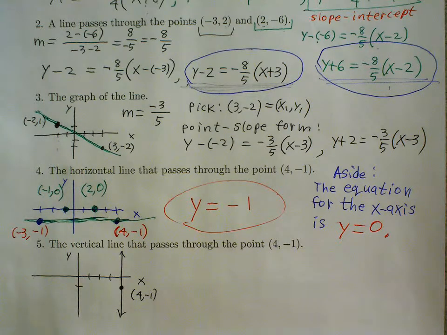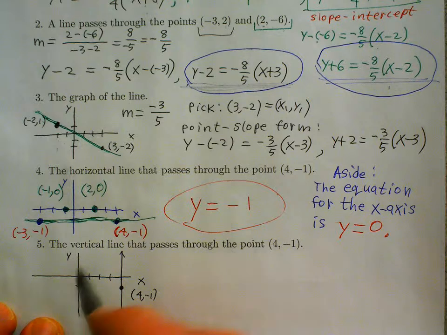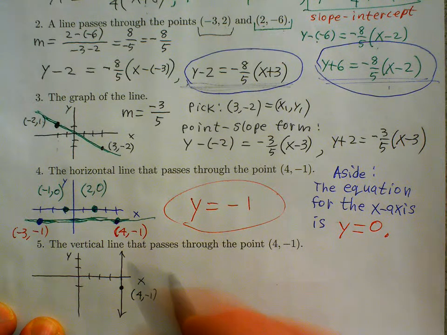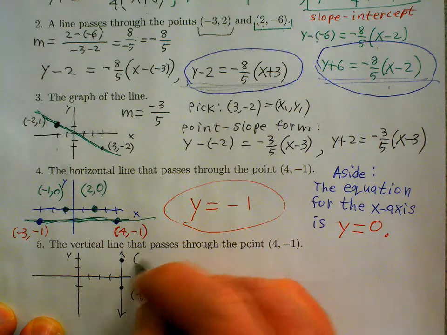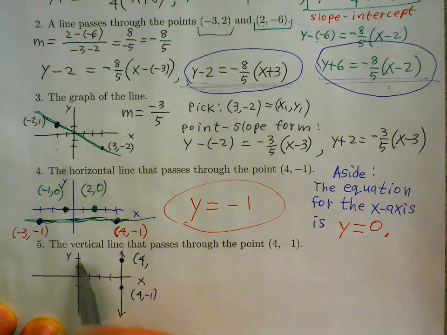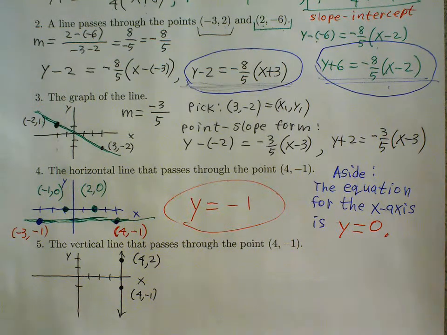Okay, pick another point. Let's pick this point on the vertical line. The x-coordinate is 4, and the y-coordinate is 2. X equals 4.